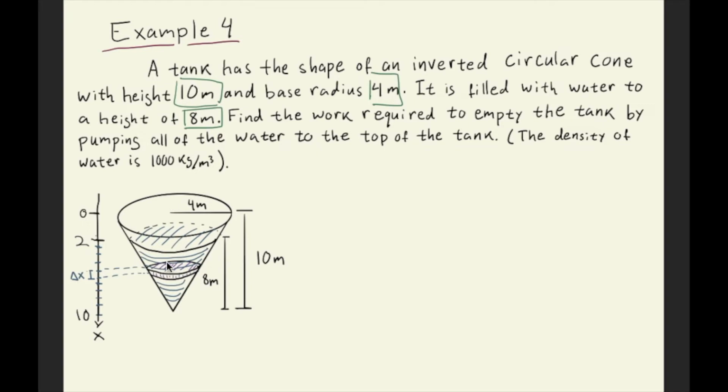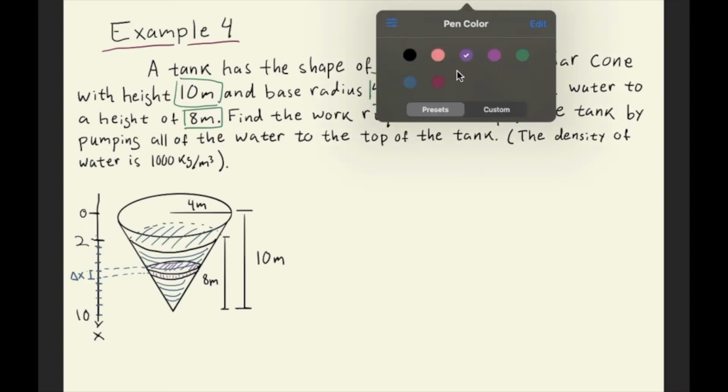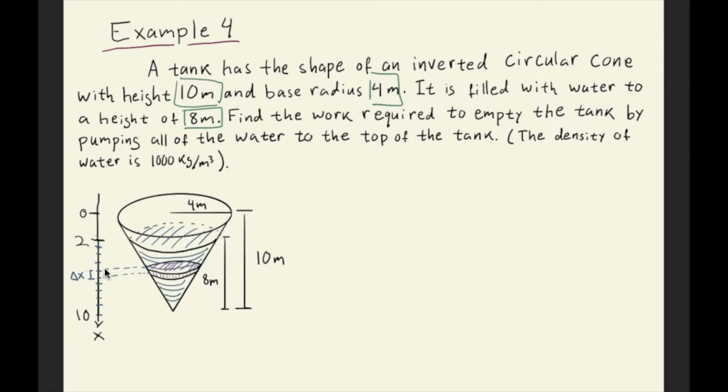I'm going to call each of these little points that we fix xi. And the work that we want to compute, let me write it this way. The work that we want to compute in the end will be, we send the number of partitions to infinity, and then we sum i equals 1 to n, the work required just to pump that ith slice up, right? So let's try to write a formula for that.